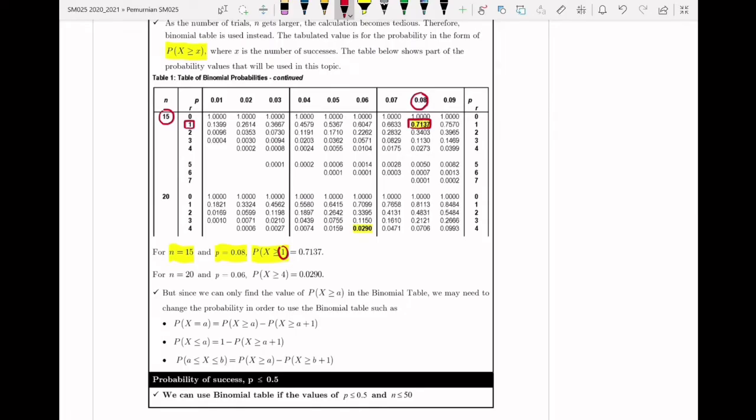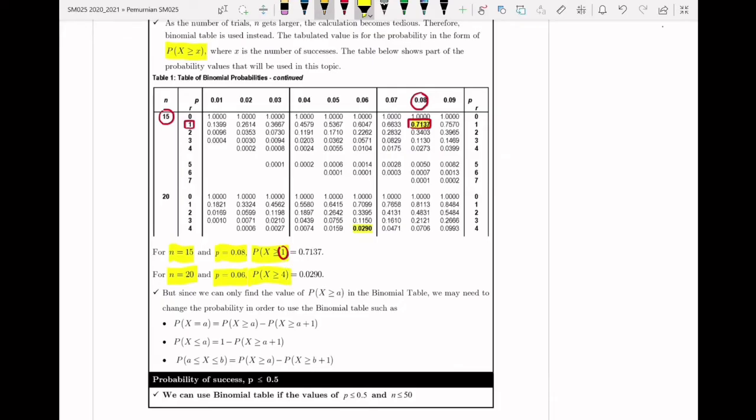Next, if we have n equals 20, p equals 0.06, and we need to find the probability of X greater than or equal to 4. Remember, the table only gives the value in the form of greater than or equal.